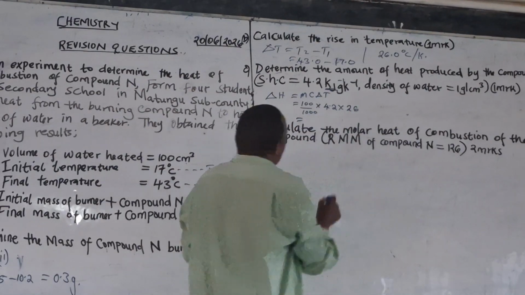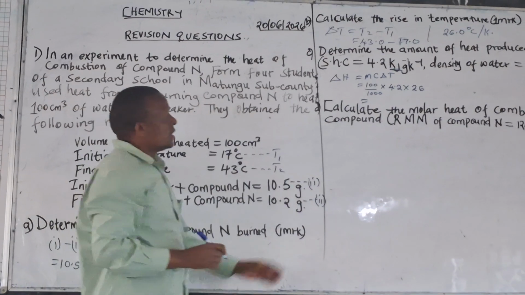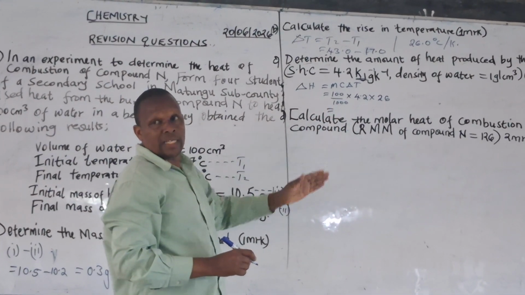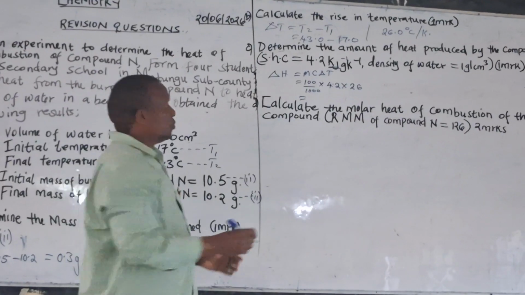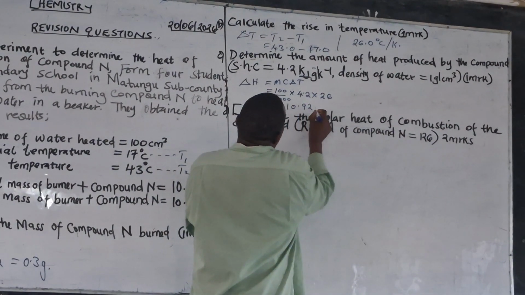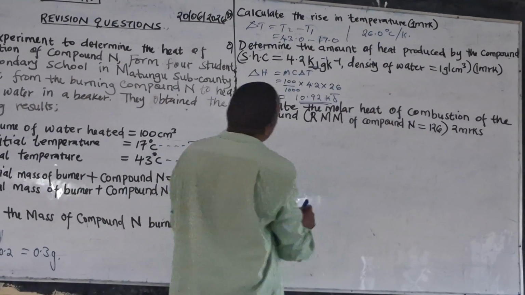What do you get as our heat change? 10.92. Yes. That is 100 times 4.2 times 26 divided by 1,000. You get 10.92 kilojoules. You leave your answer like that.